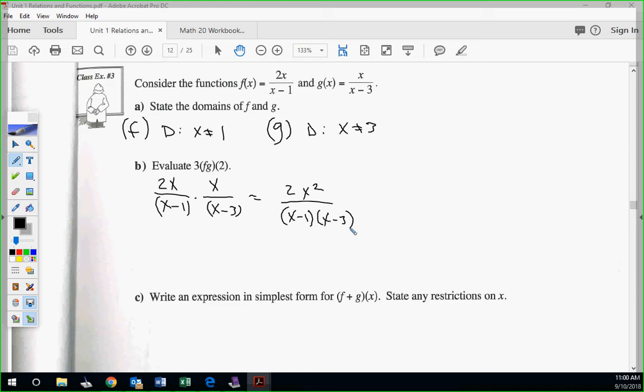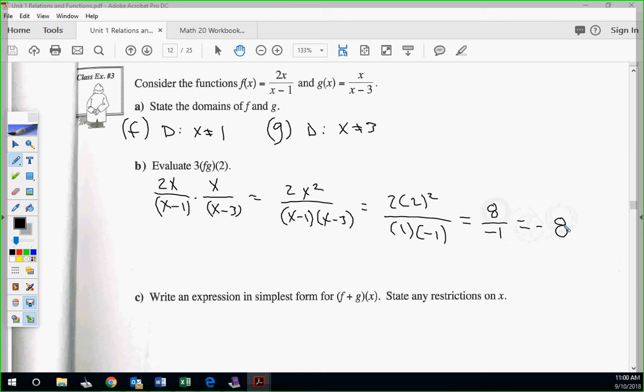Okay. Now we're ready to plug in the 2. So if I plug in the 2, 2 times 2 squared, 2 minus 1 is 1, 2 minus 3 is negative 1. So we get 4, 8 on the top over negative 1.